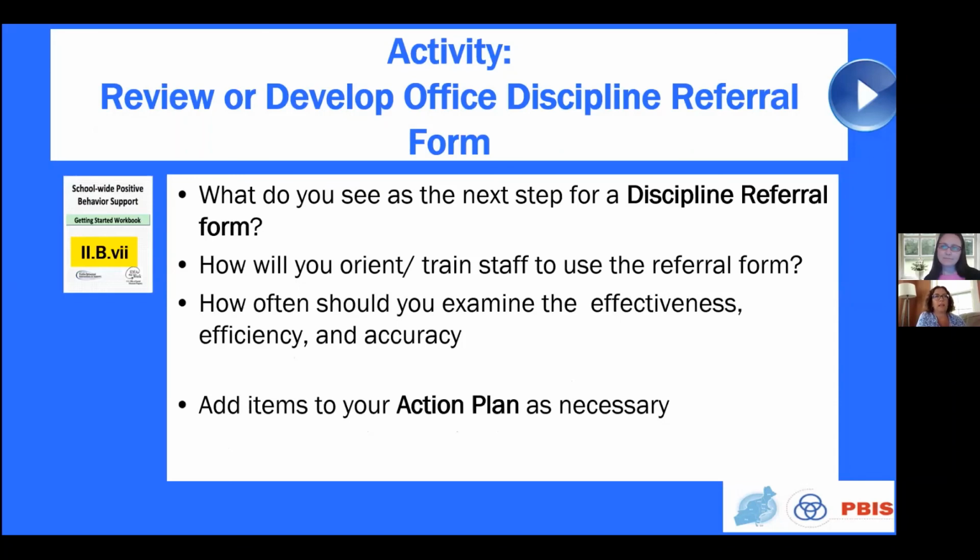And this is getting into that real actionable step now that you've gained some knowledge. How are we going to make this work in our school? And certainly, once you've identified some of those steps, you want to add them onto your action plan. Great, and you can find this activity in section 2B, part 7 of the Getting Started steps in your workbook.